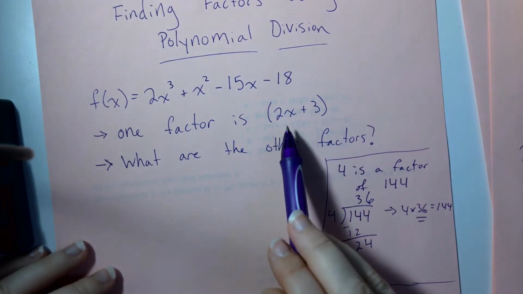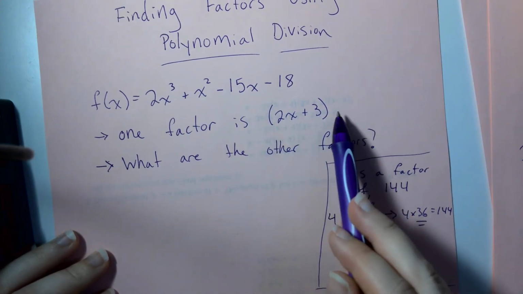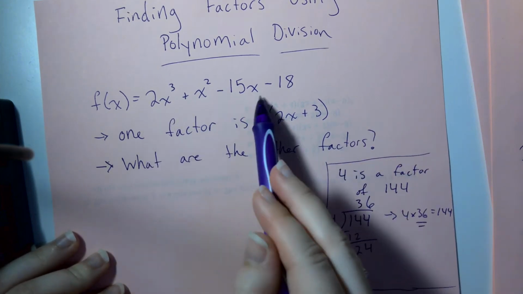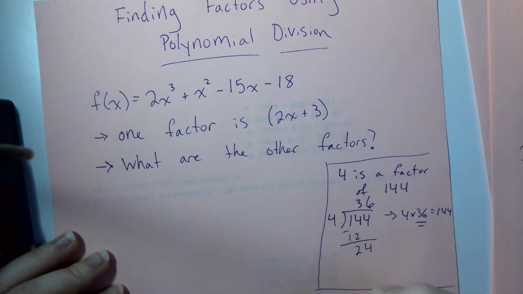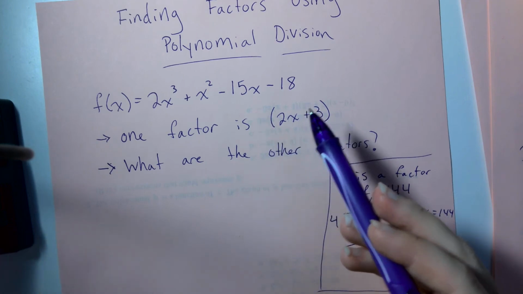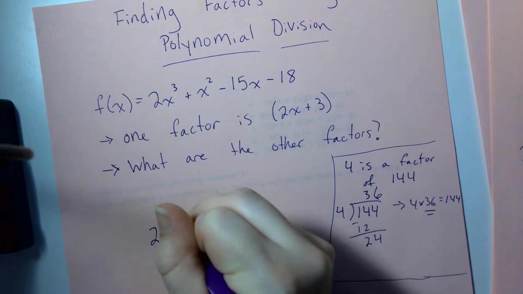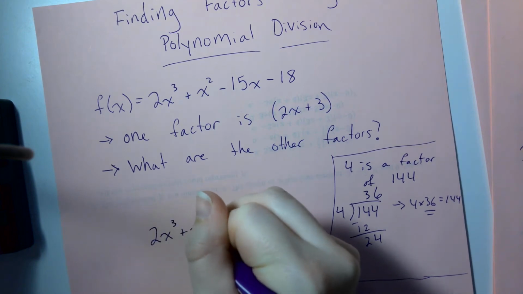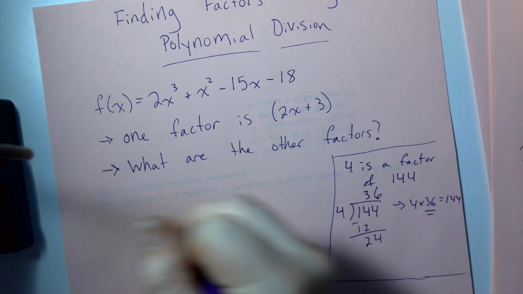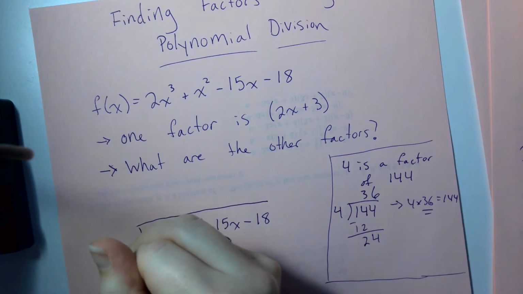If we know that 2x plus 3 is a factor of this polynomial, what can we multiply that with to get this polynomial? We can do that by dividing this polynomial by this factor and seeing what we get. Same idea, but with polynomials instead. So we take 2x cubed plus x squared minus 15x minus 18 and divide that by 2x plus 3.